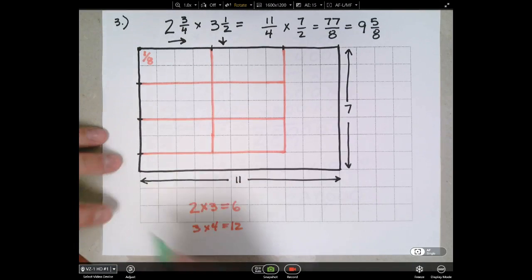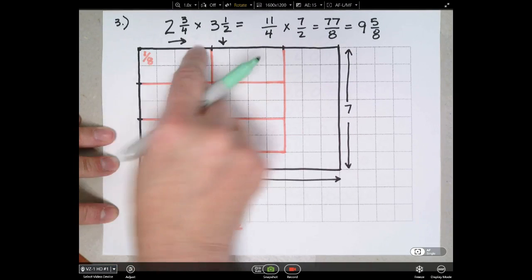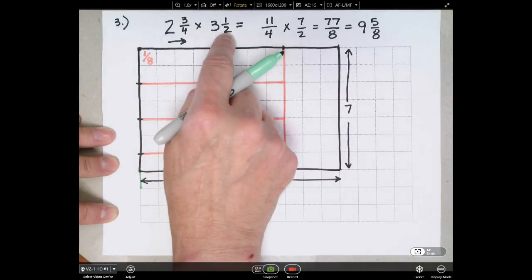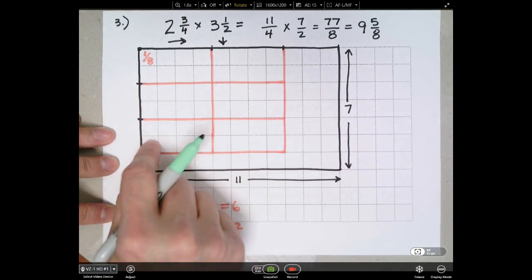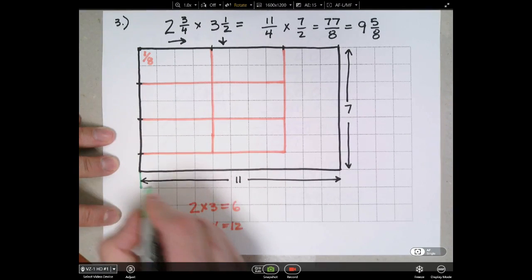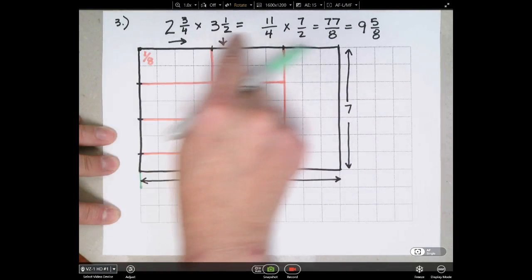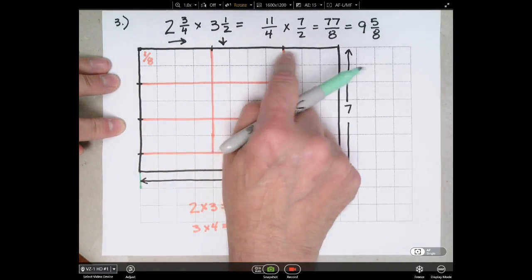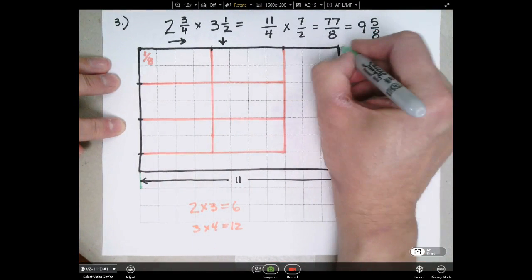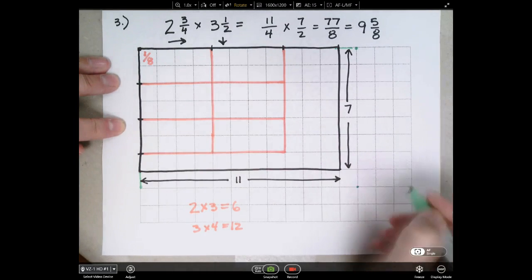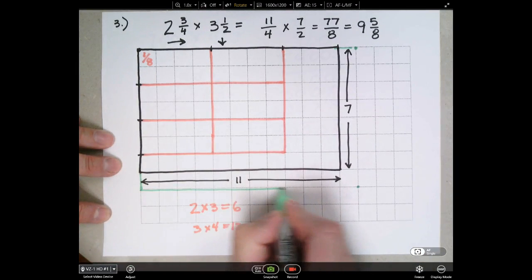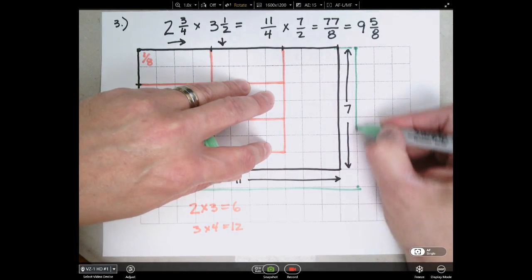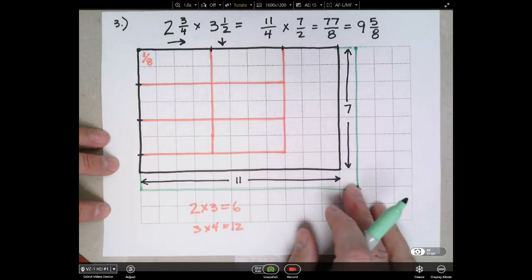But if I were to extend this out all the way to 4 going down, 1, 2, 3, 4, which would be the next whole number, and take this out to the next whole number, which would be 3, okay, so there's 1, there's 2, 3 would put me over here, and if I were to look where that area meets, I would see that the area that is 3 by 4 is going to be larger than my answer.